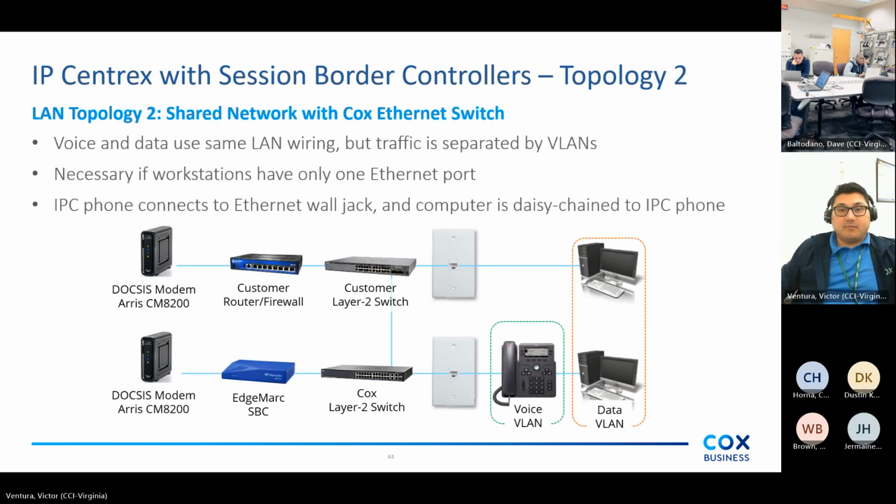Topology 2. Now, topology 2, it's a shared network with the Cox switch. So if you noticed, you have the customer's data network, but then the customer does a handoff from their switch to the Cox switch.